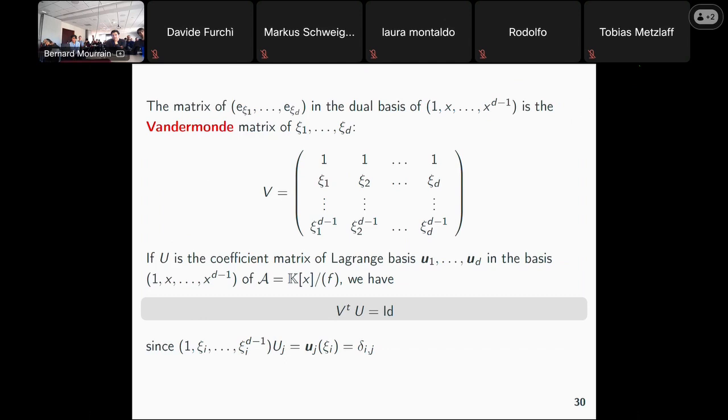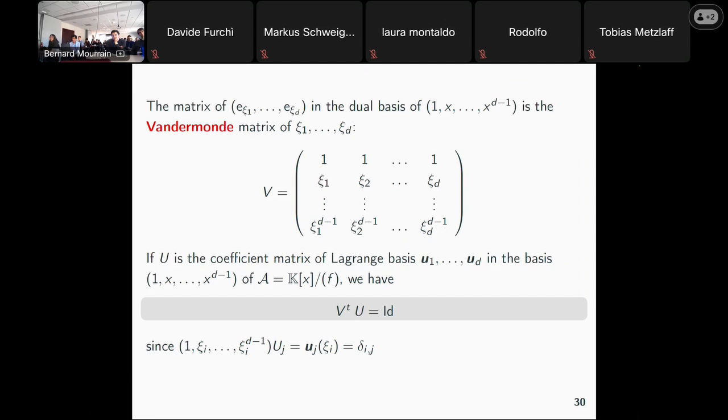And we look at the Vandermonde of this basis at the roots, the matrix V. The Lagrange interpolation polynomials U1, U2, have a representation in terms of these monomials, and we call this matrix U. By definition of the interpolation polynomials, we have V transpose times U equal to the identity.